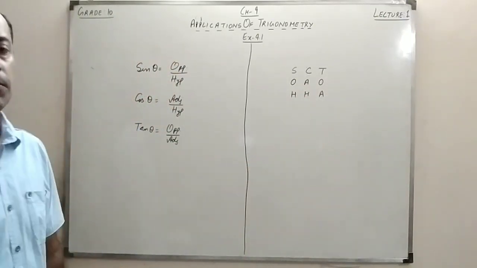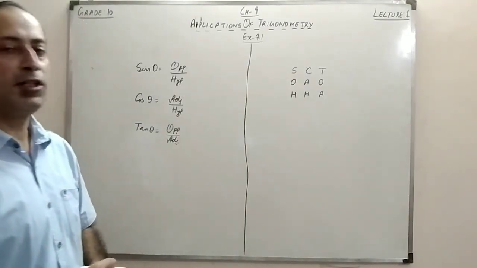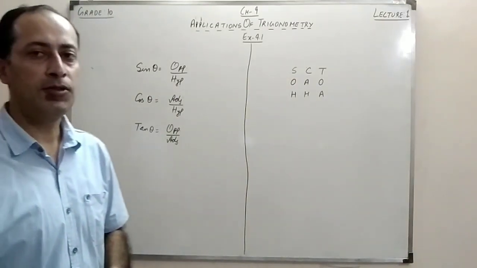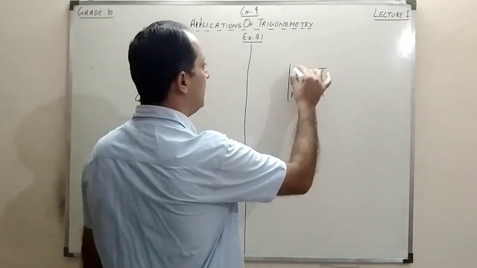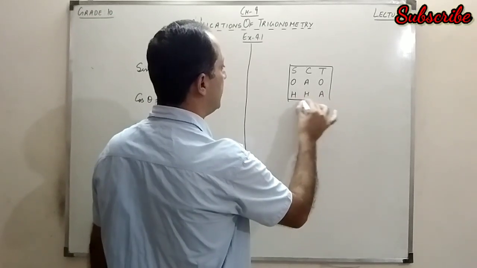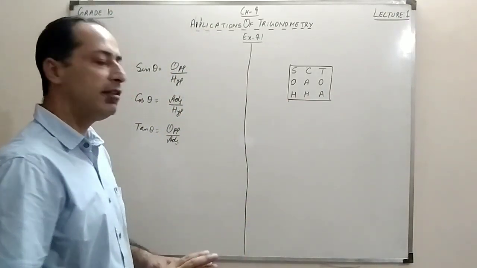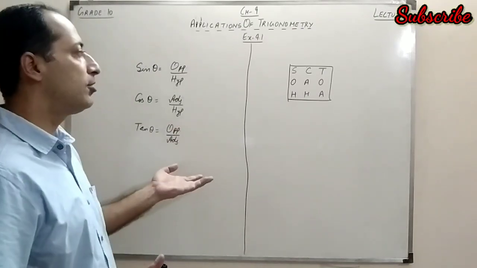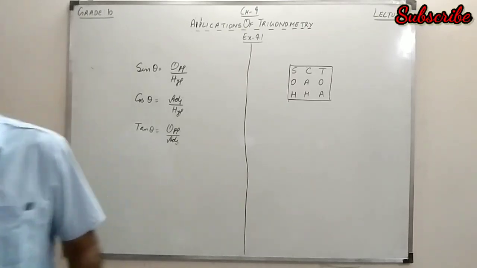By this you can remember sine is opposite upon hypotenuse, cos is adjacent upon hypotenuse, and tan is opposite upon adjacent. So this little acronym can be used to remember the 3 basic T ratios, right? And the other 3 T ratios are the reciprocals of these, so if you remember this, just take the reciprocal of it, right?